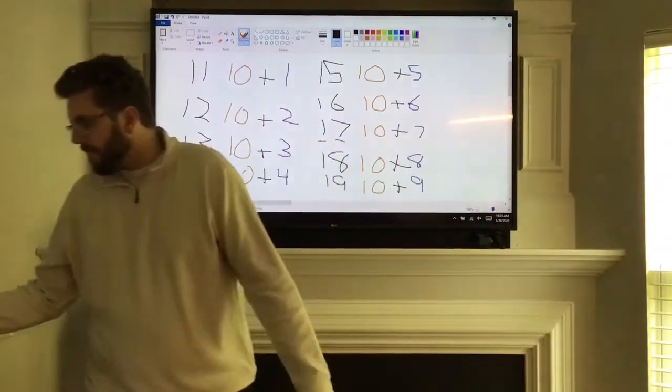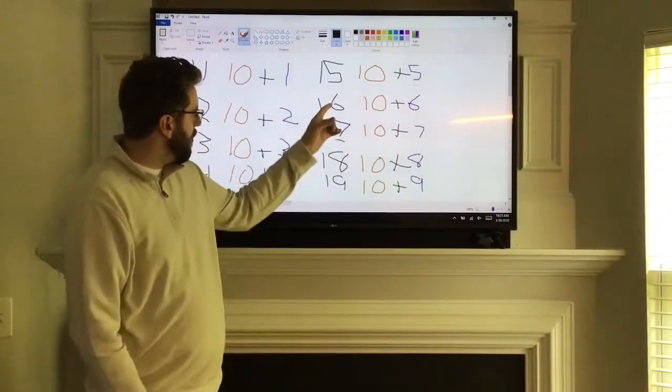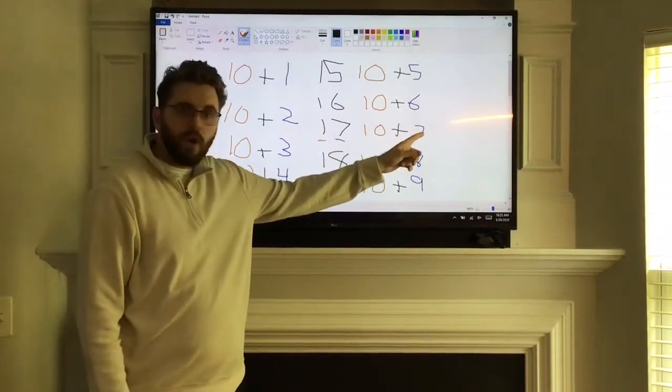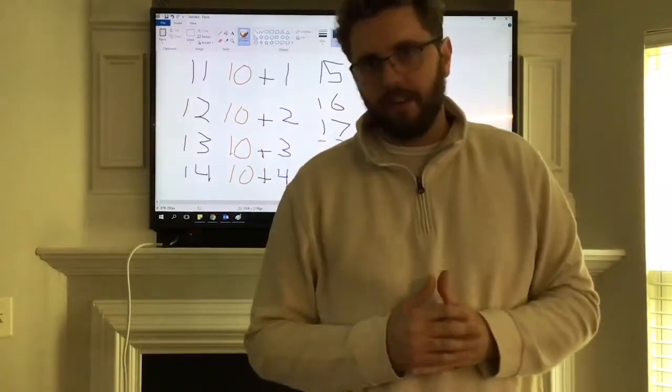But you guys see, the 1 represents 10, and whatever's the other number is going to be what our other part is. Every time when we do these decomposing of numbers like this.